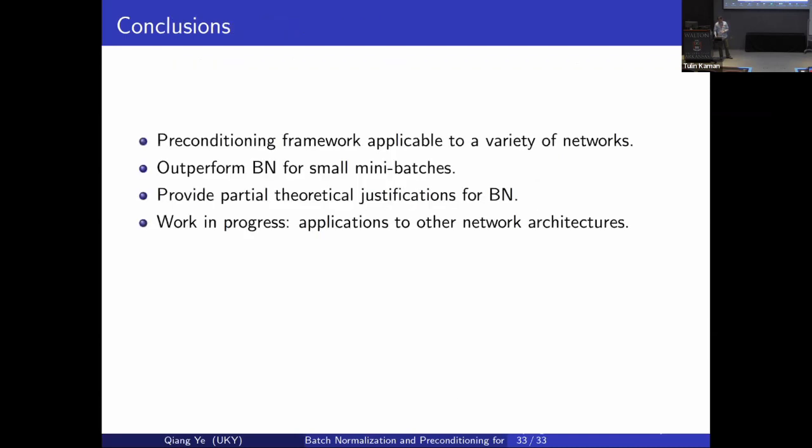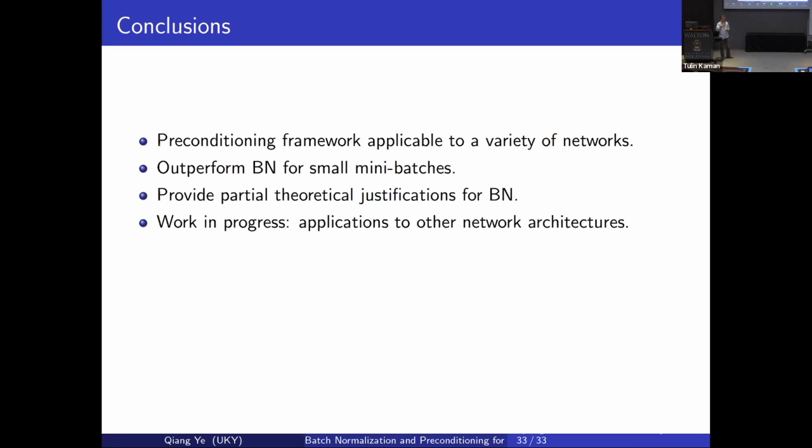All right, let me quickly conclude. We have a theoretical preconditioning framework that can be used in neural network training.